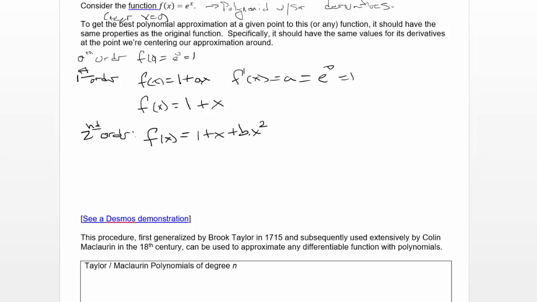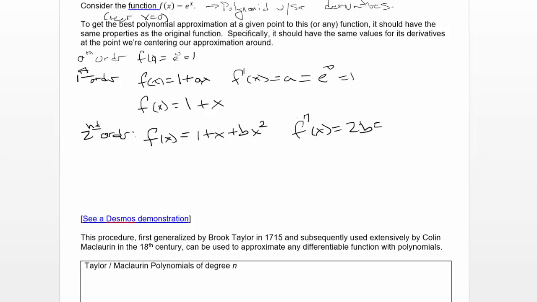If I differentiate this a few times, the first derivative makes the 1 equal to 0, makes this x equal to 1, and this equal to 2b times x. The second derivative will be 0, 0, and 2b. So the second derivative of our approximation here is just 2b.